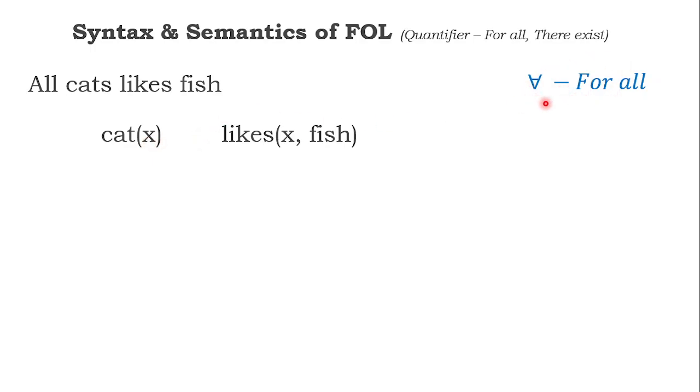Remember, this is a symbol: A, if you put it inverted, it is called for all. This is the symbol for the quantifier called the universal quantifier. For all x, where x is a cat, x likes fish. Now, whenever we bring for all, there is a syntax: you should bring implies.